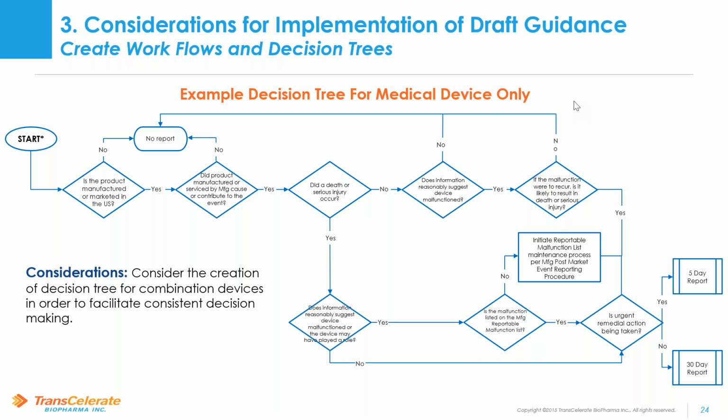And the reason we kept it for devices is because our perspective was that we are primarily pharma companies. Devices is a new area for us. So what are the things that we really should learn, should know, should study? And so that's why we kept it this way. So again, it's optional if a different company wants to combine biologics and drugs in a decision tree. My only recommendation would be to keep it as simple as possible.